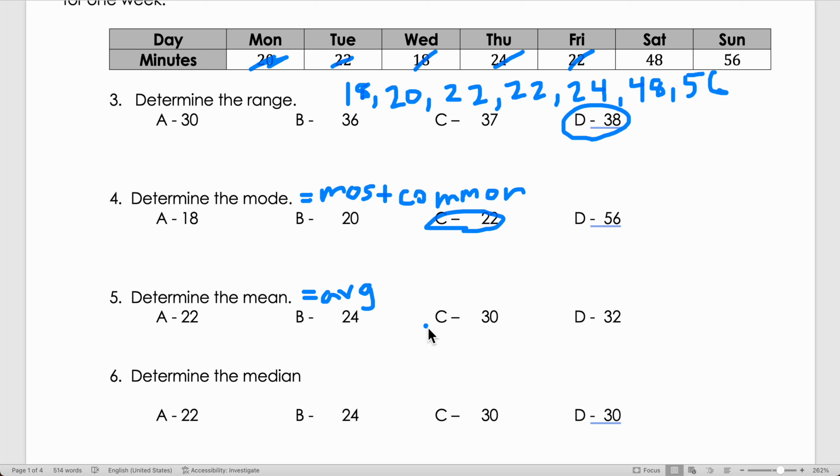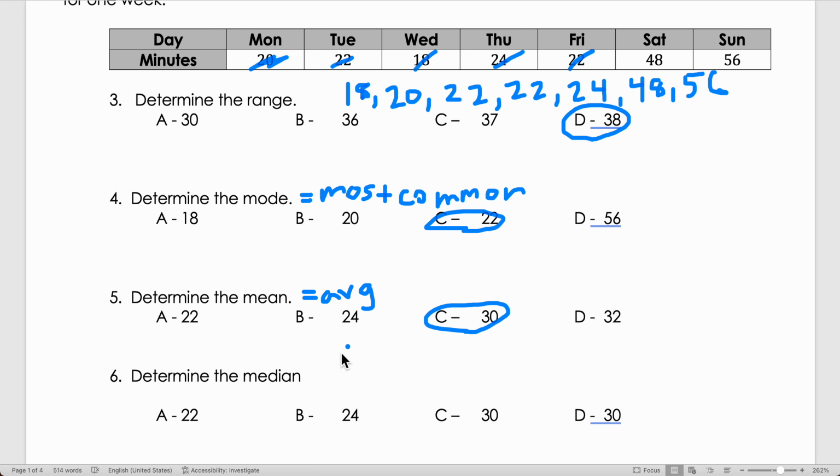Let's add them up there. 18 plus 20 plus 22 plus 22 plus 24 plus 48 plus 56. And there's 7 days in the week, so we'll divide that by 7. So the average, or the mean in this case, is going to be 30. It's easy to make mistakes as he's adding up a lot of numbers in a calculator, so he'll just have to take his time for this, but mean should be pretty easy.